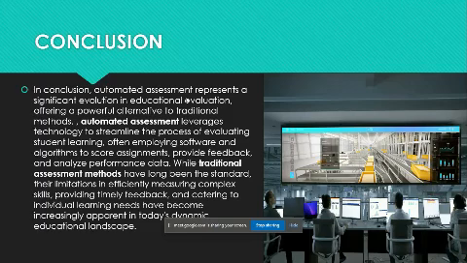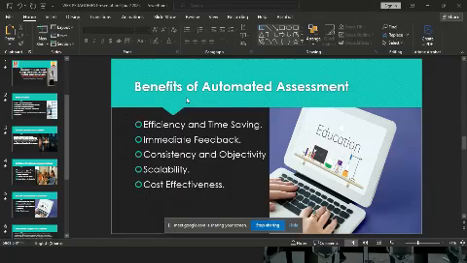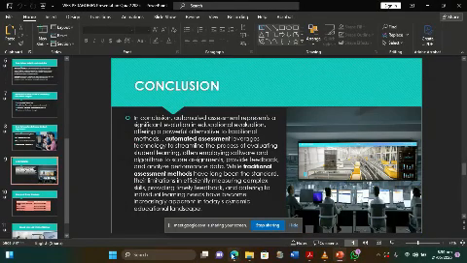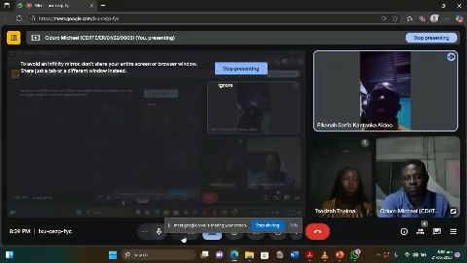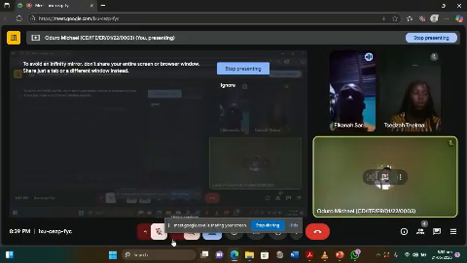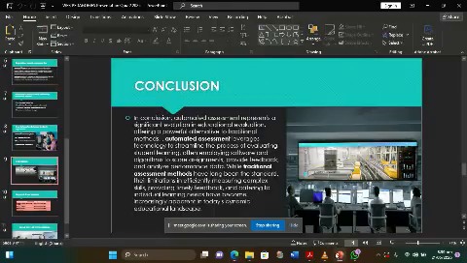Automated assessment represents a significant evolution in educational evaluation, offering a powerful alternative to traditional methods. Automated assessment leverages technology to streamline the process of evaluation, often employing software algorithms to score assessments and assignments, provide feedback, and analyze performance data.